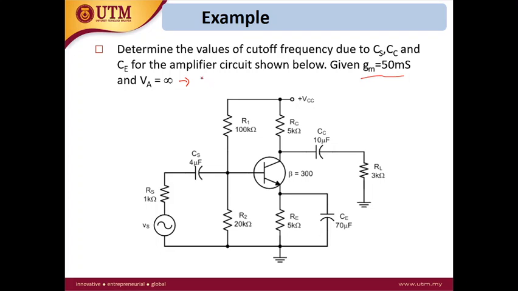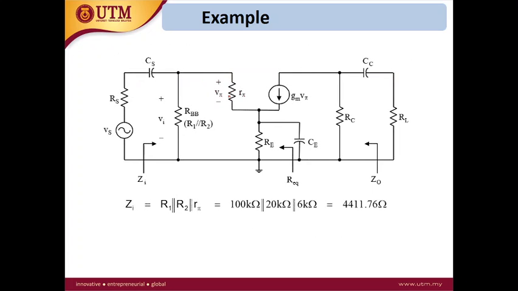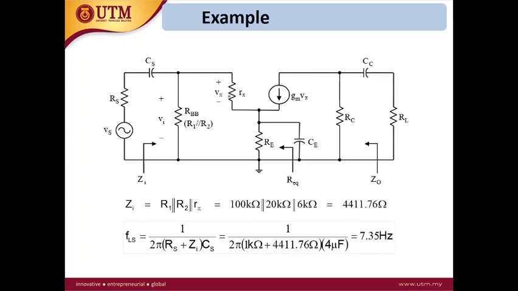So in this case ro is infinity, so ro will not appear in the equivalent circuit. The equivalent circuit in the low frequency region becomes like this, with CS, CC, and CE appearing in the equivalent circuit.